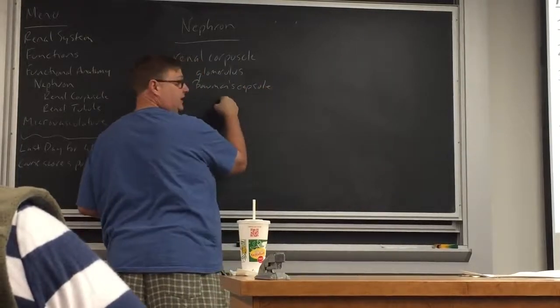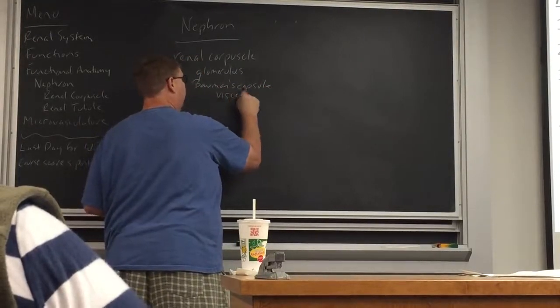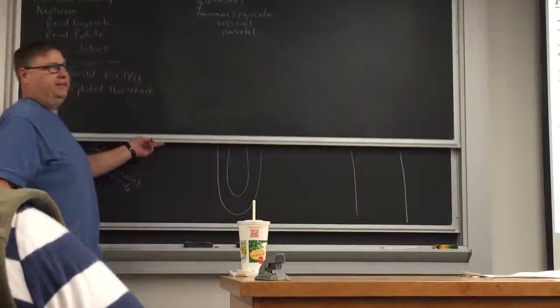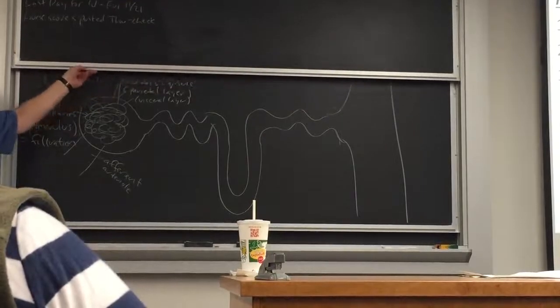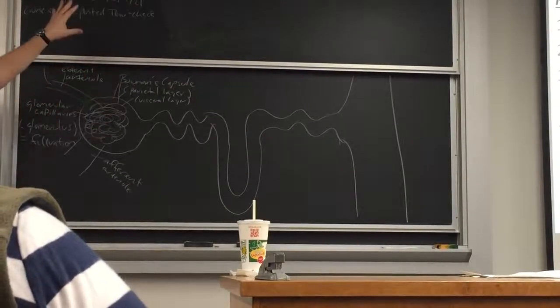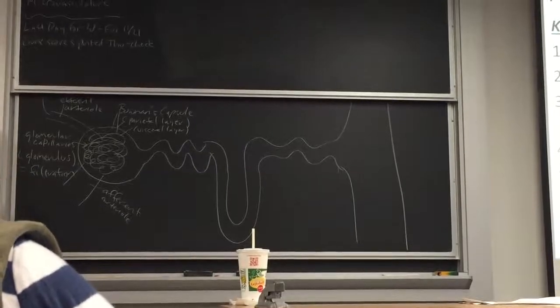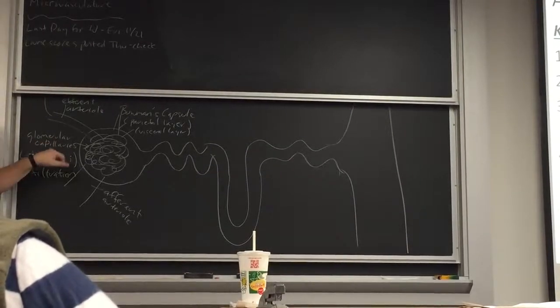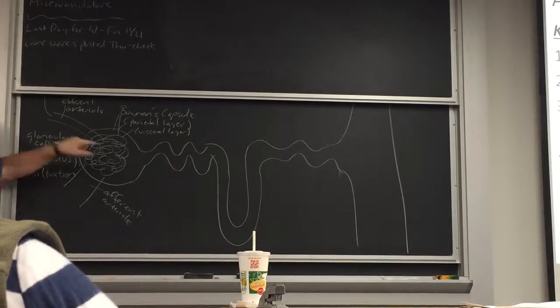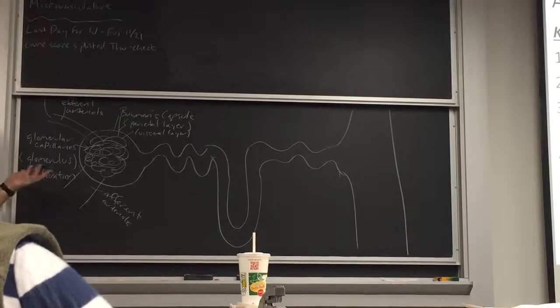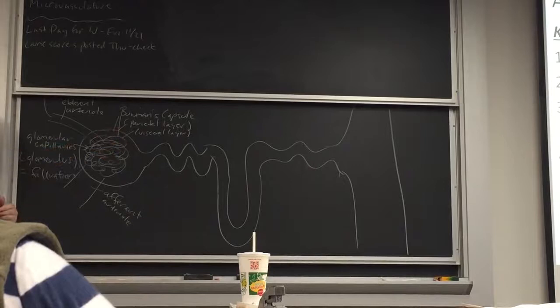And Bowman's capsule has two subparts, the visceral and the parietal. Does that make sense? So the renal corpuscle is part of the nephron. It's one of the two principal parts of the nephron. It's got two parts. The glomerular capillaries, known as the glomerulus, their job is to filter, right? And Bowman's capsule, which has the parietal layer and the visceral layer. So it's got two subparts to it.